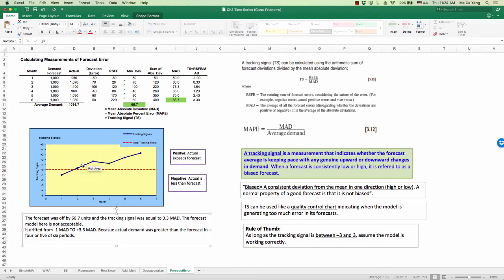A positive tracking signal means actual demand exceeds the forecast value, meaning that it is under forecasted, constantly under forecasted. The forecast value is constantly low. If the trend continues to rise, then it will be problematic.